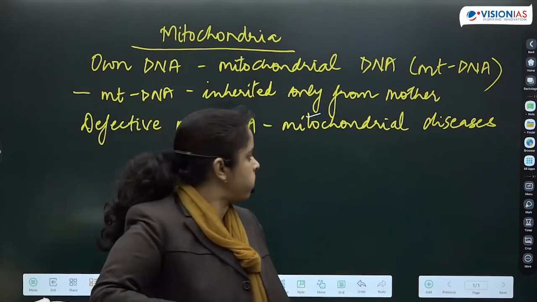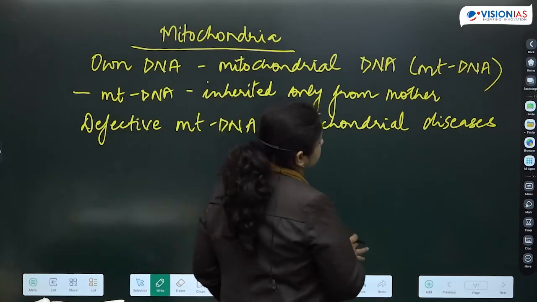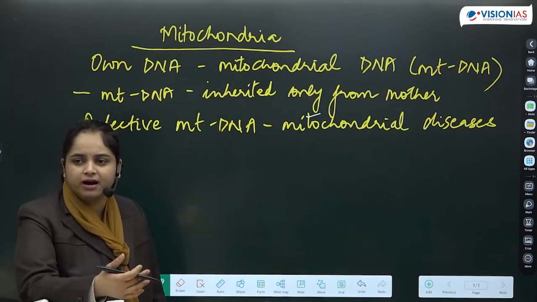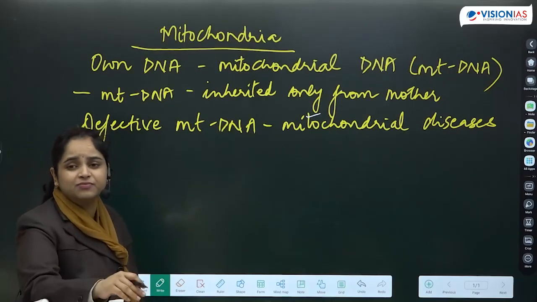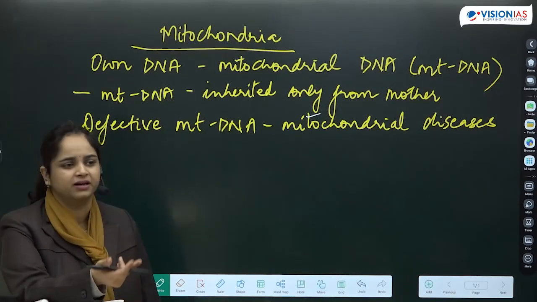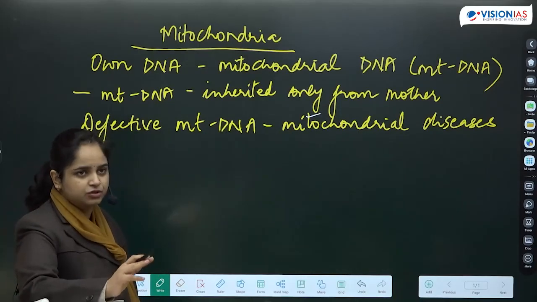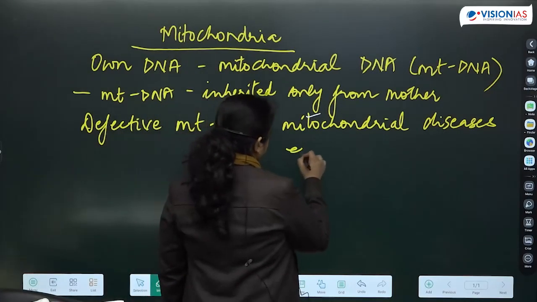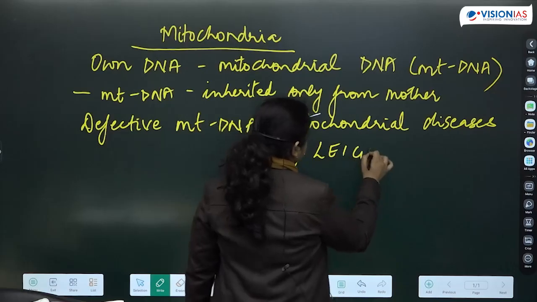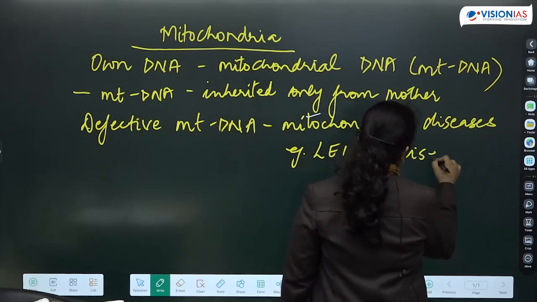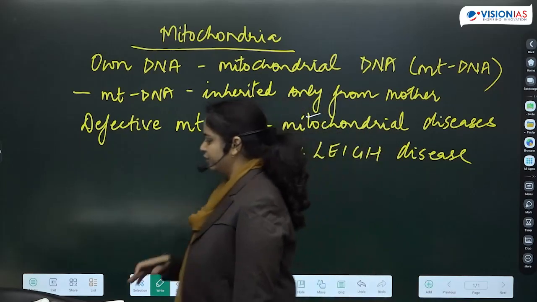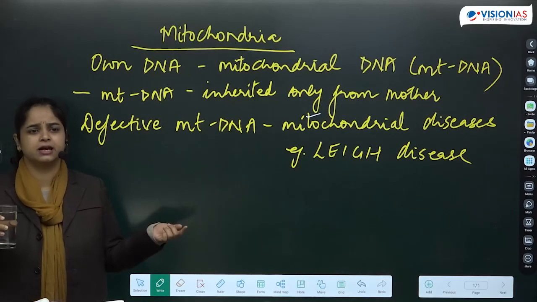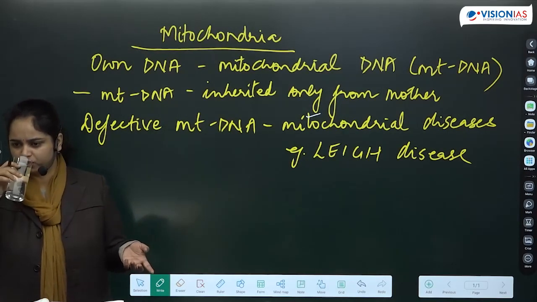But we are doing a lot of research these days on establishing links between mitochondria, its working, its defects, and some very common diseases also, like diabetes or Parkinson's disease. So there's a lot of research which is going on. For some diseases, we have already established the link. Like the example is Leigh disease. You don't have to go into the detail of the disease, but just know that this is a disease which is linked with improperly working mitochondria.